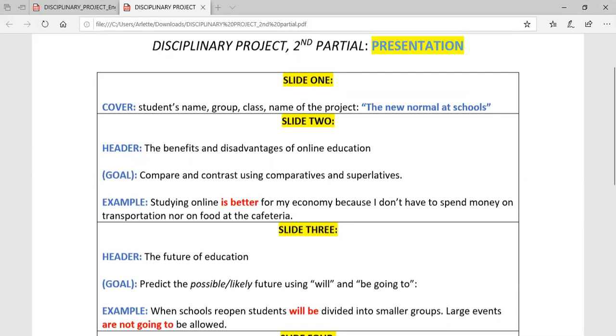I'm going to show the vocabulary to talk about the advantages and disadvantages. You can also use other vocabulary. Well, apart from the comparative and superlatives, you can use other vocabulary, okay?